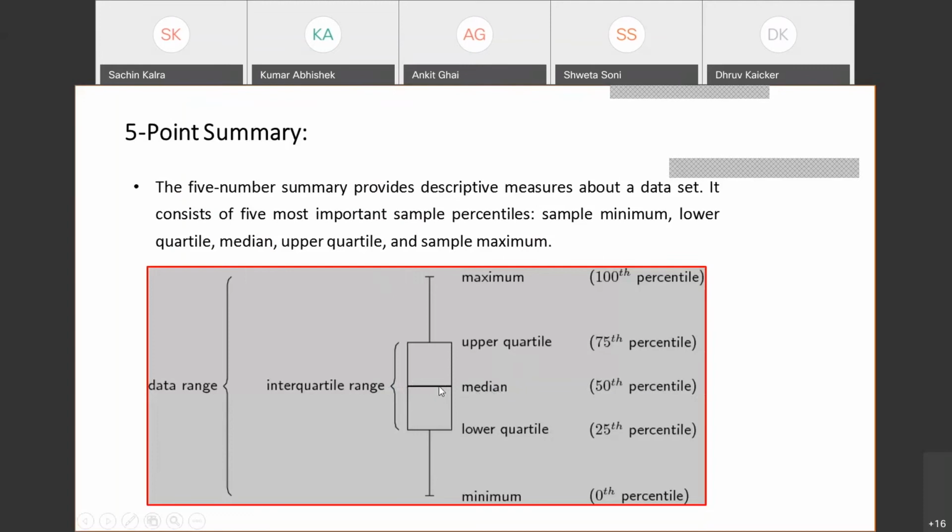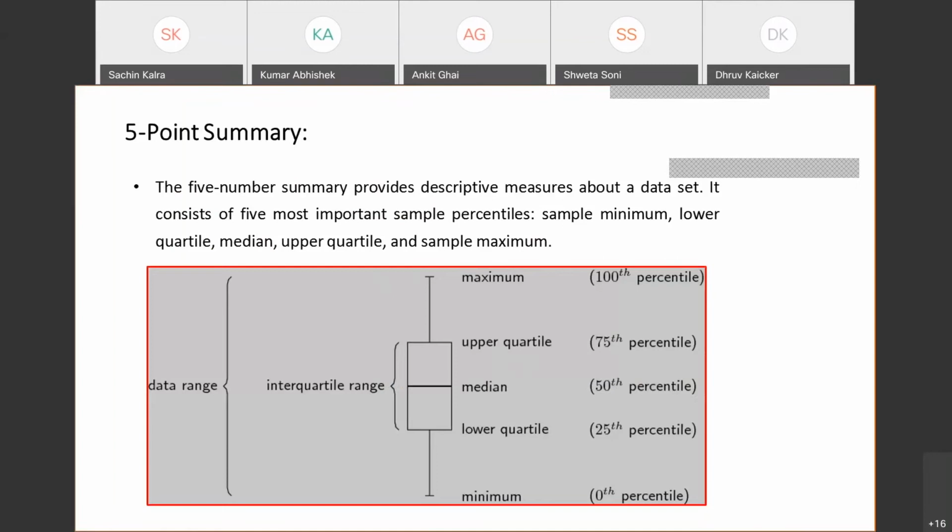Let's suppose this median line is here. What would happen in that case is the median is lesser than the mean. It means the mean has been pulled towards the higher observations, meaning right skewed data.